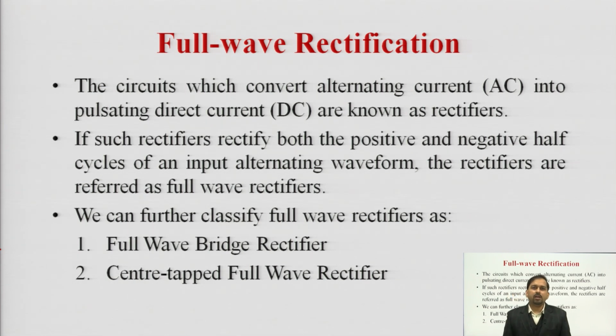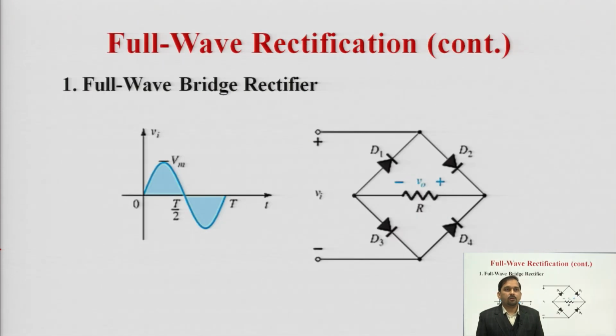We have the classification of full wave rectifiers as the full wave bridge rectifier and the center tap full wave rectifier. First of all, we will start with the full wave bridge rectifier.